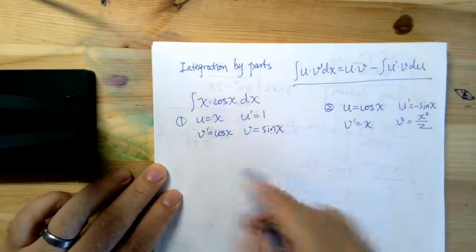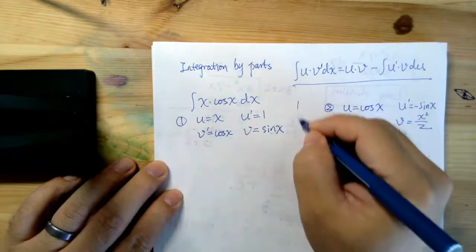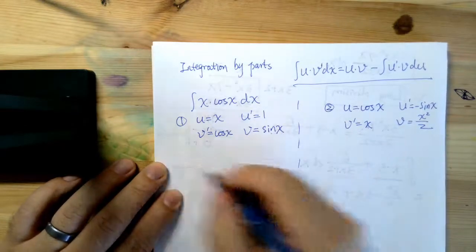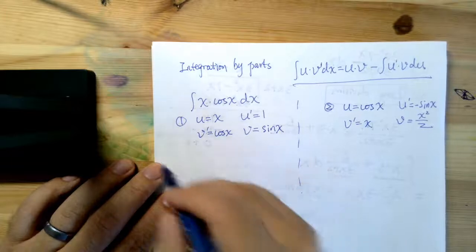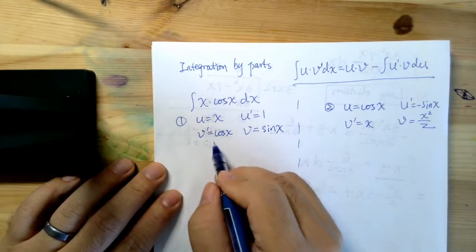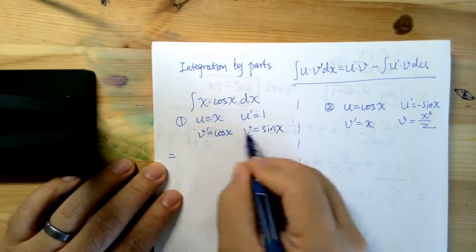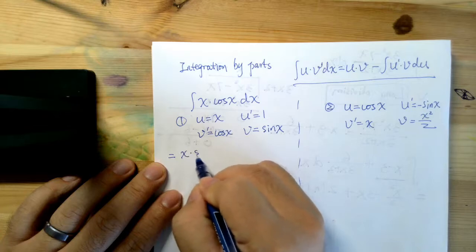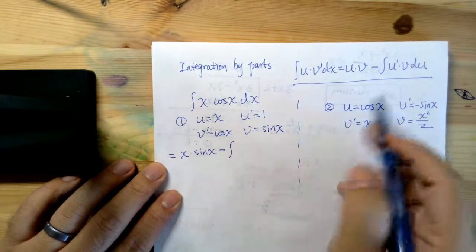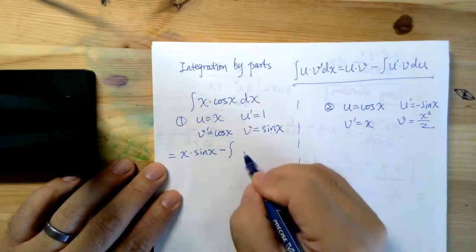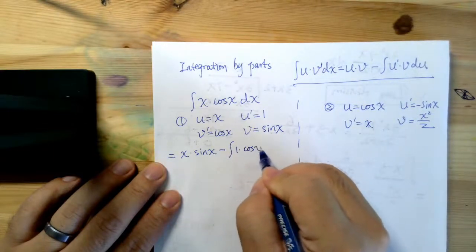Let me draw this way. If I apply the integration by parts for the first option, so if my u and v prime are like this, I'm going to have u times v, which is x times sine of x, minus the integral of u prime times v, which is 1 times cosine x dx.